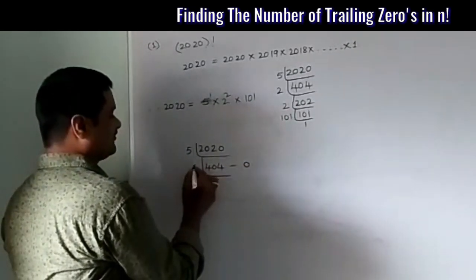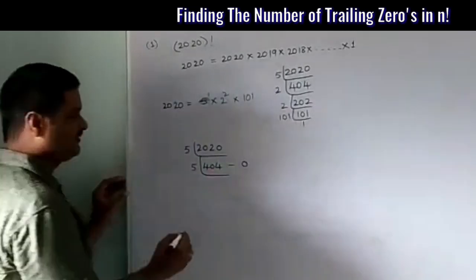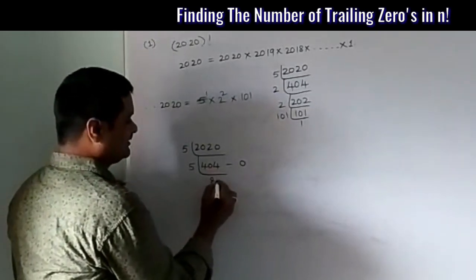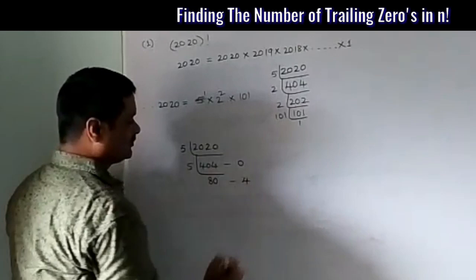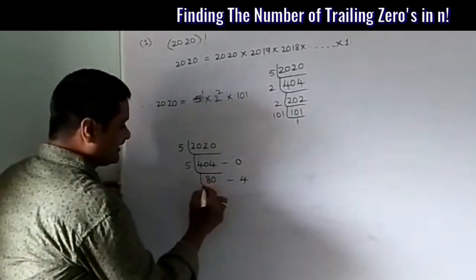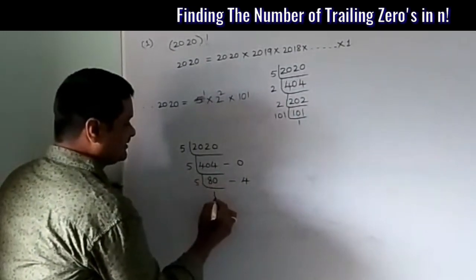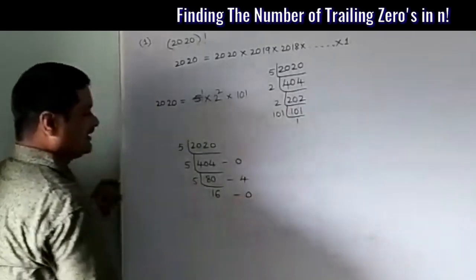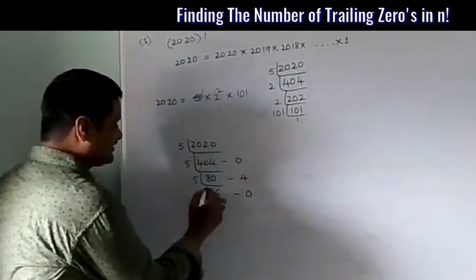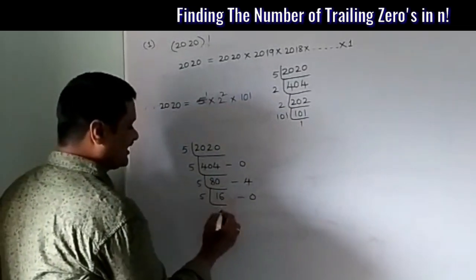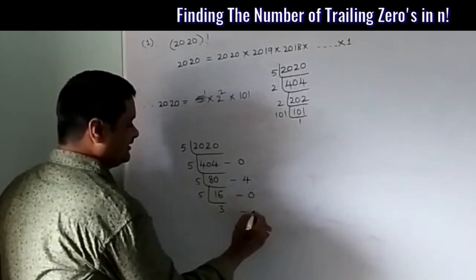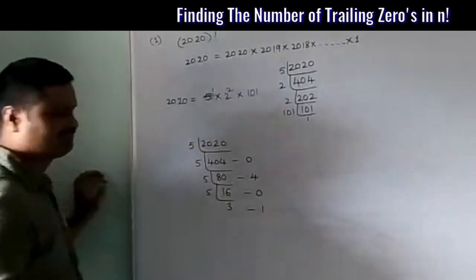Next, 404 divided by 5 is 80, and the remainder is 4. Next, 80 divided by 5 is 16, and the remainder is 0. Again, 16 divided by 5 is 3, and the remainder is 1.